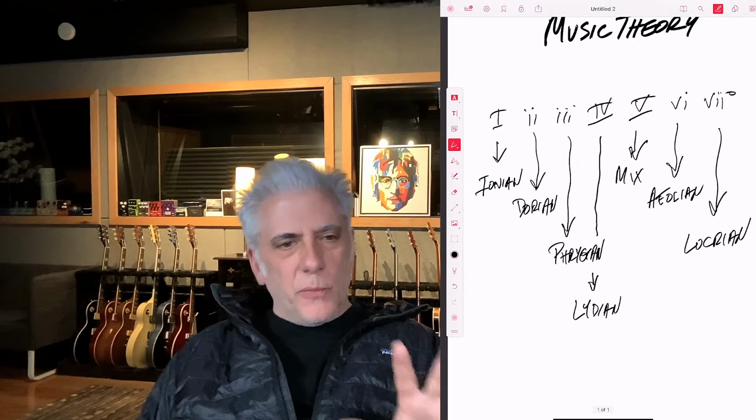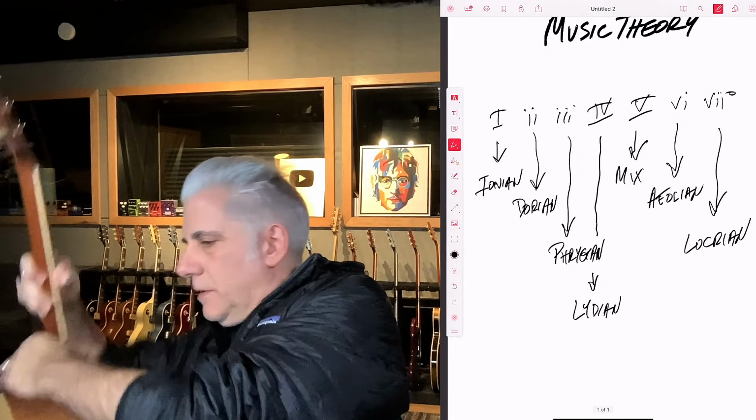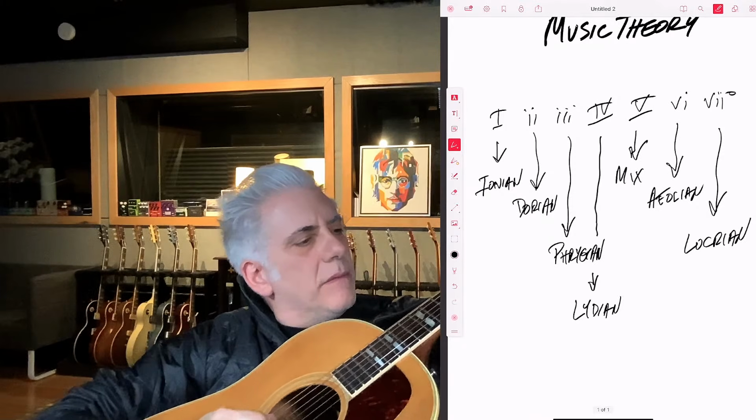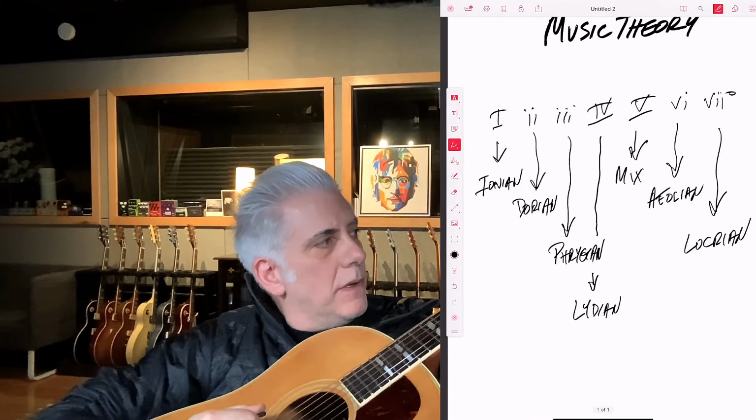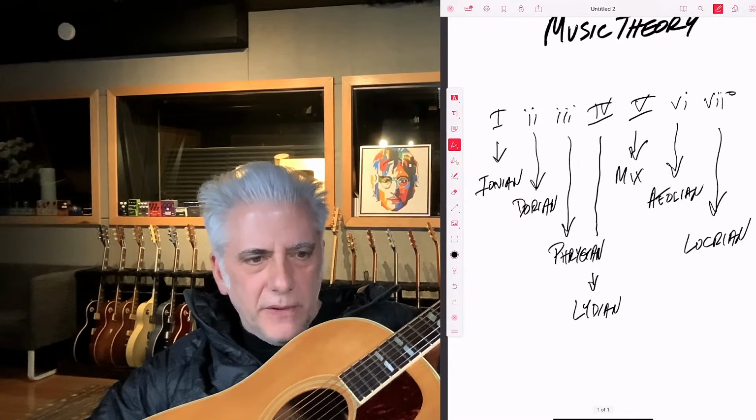But the modes, when I hear Jeff Beck play this lick here, there was just an E minor chord just before this happened in the song. That's just a beautiful sound. That's a total Dorian lick.